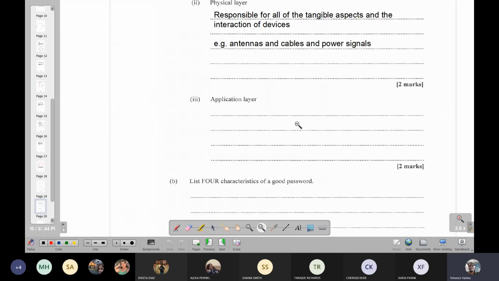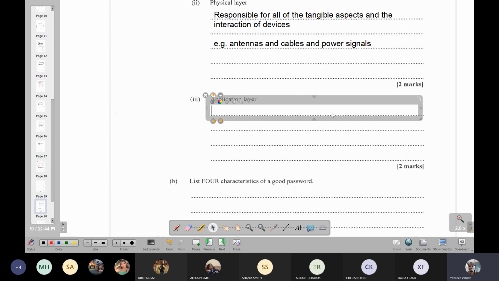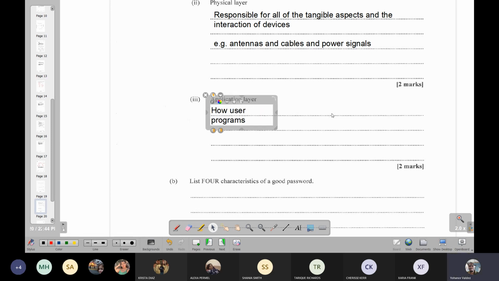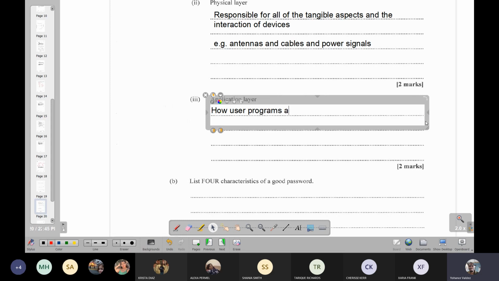Right. So we have the application layer. We have the user programs, how user programs can exploit the lower levels in order to achieve tasks.